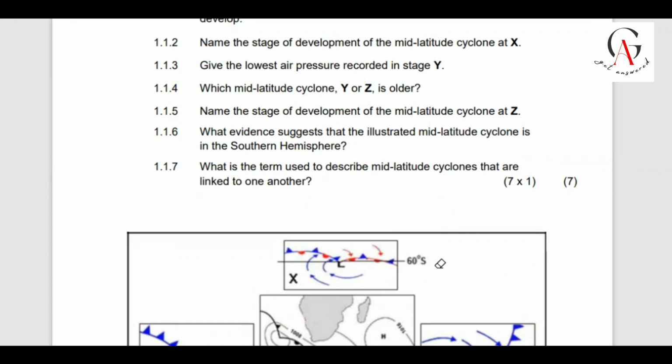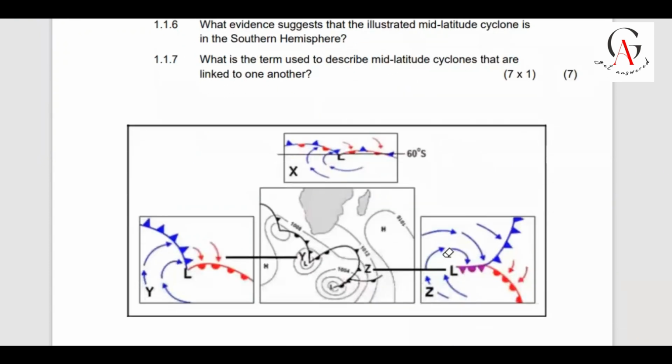If we compare the cyclone in this diagram and in this diagram, you can see there is a difference, which means that this one was still in its formative or developing stage.